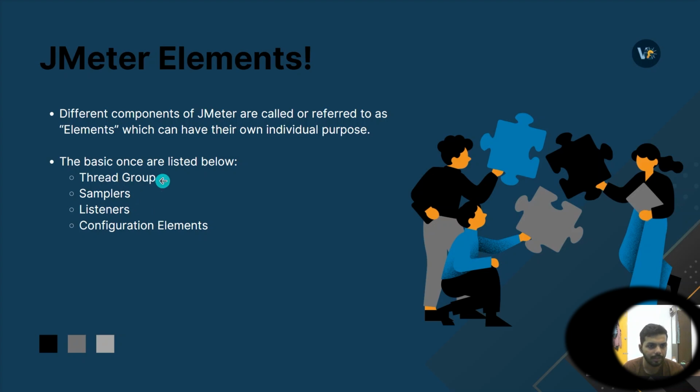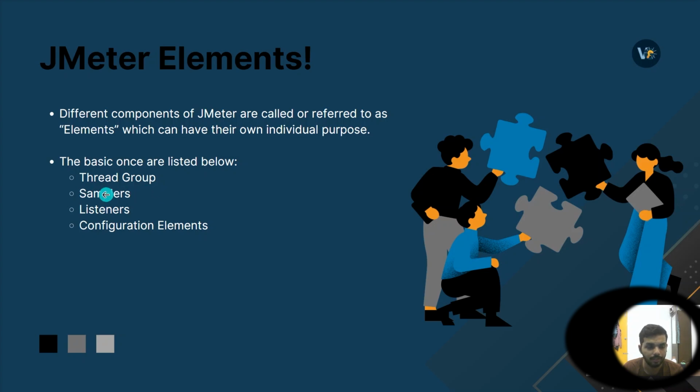The first one is thread group, which is nothing but, let's say, how many users we want to simulate. The thread group allows us to configure traffic for the test. Then sampler is for when we want to make some request, let's say an HTTP request, like a post request on some API server.